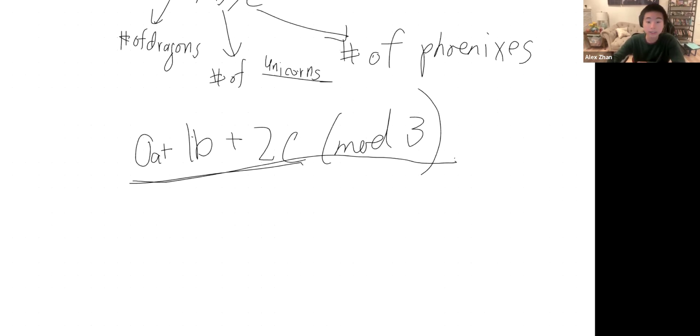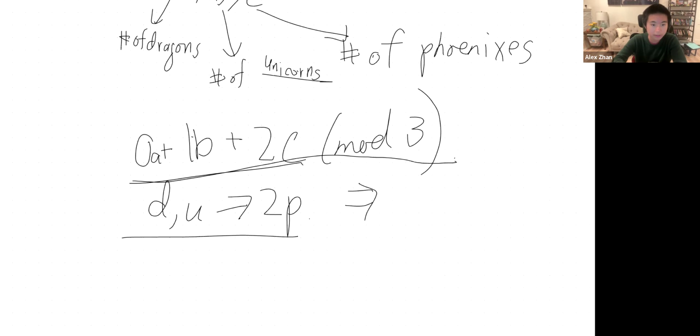In order to prove this, we will quickly take a look at what each operation will do. Let's say we have the operation that turns one dragon and one unicorn into two phoenixes. Then what this operation means is A minus 1, B minus 1, and C plus 2.